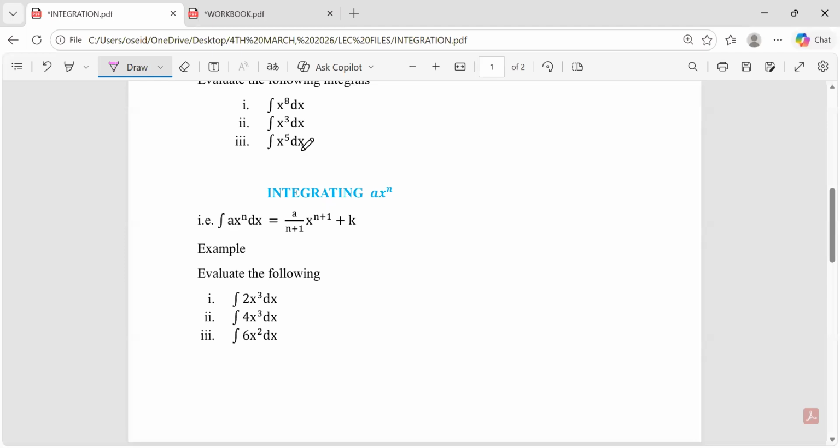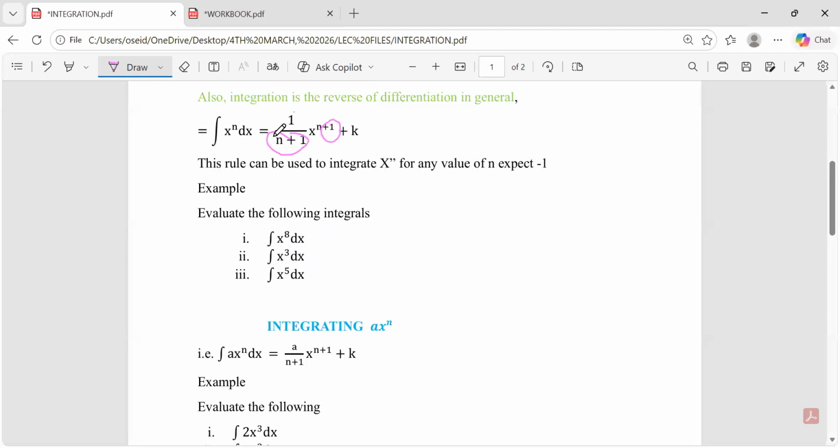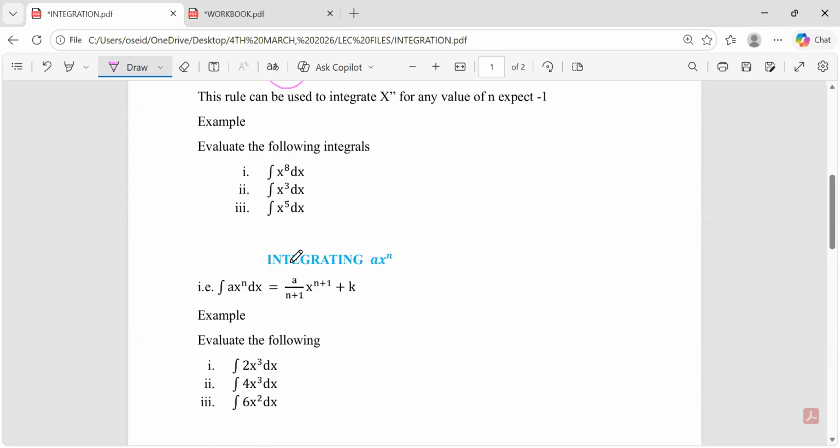Take note that the ones that we did earlier didn't have any coefficient. The coefficient that it had was 1. But the ones that we are about to do will be having a coefficient. That's why we are representing the coefficient here by A. So integrating ax exponent n, the A represents the coefficient of the x.